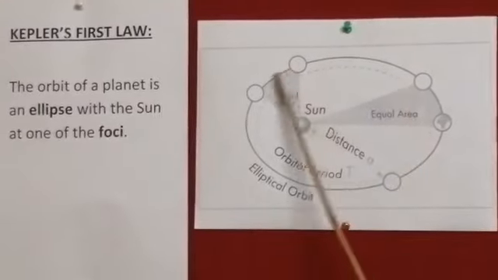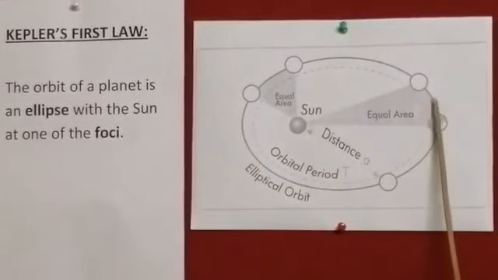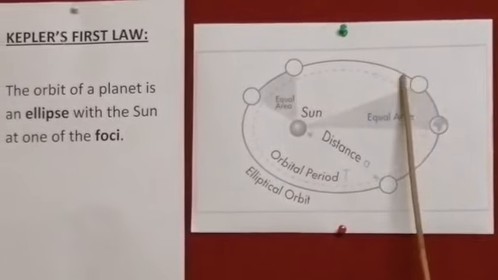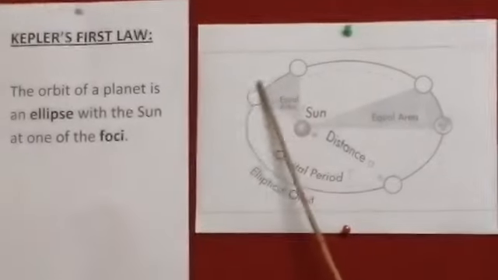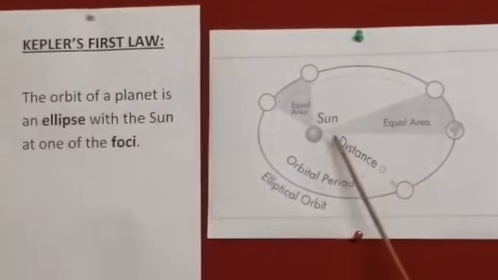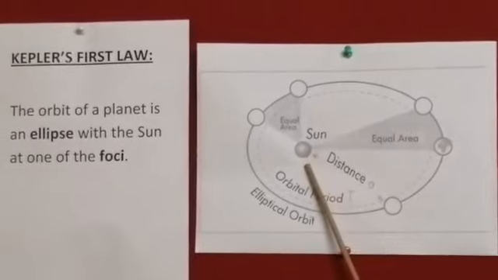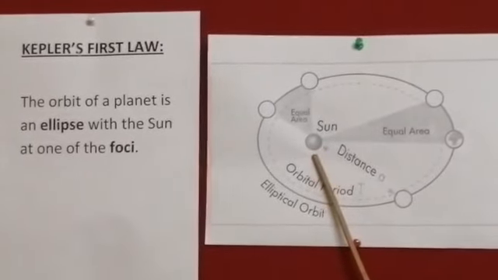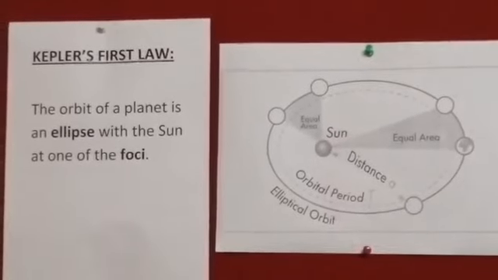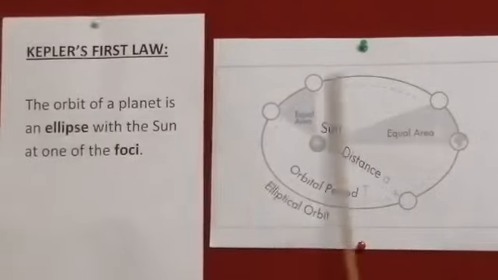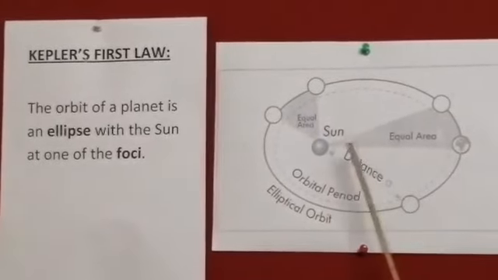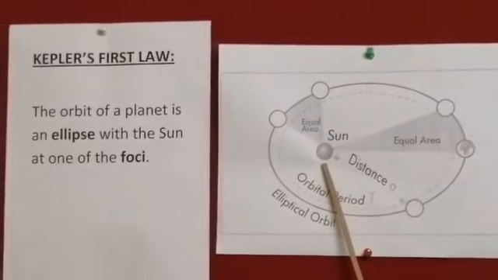You can see this is the orbit of a planet which is in elliptical shape. It is not in circular shape, but in elliptical shape. I have already taught you that the ellipse has two foci. So the sun will be at one of the foci. I will repeat the statement again. The orbit of a planet is an ellipse with the sun at one focus.